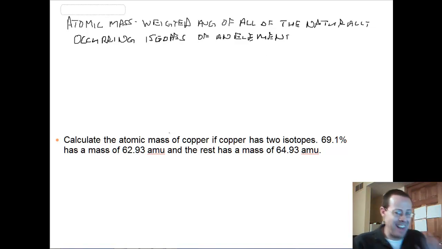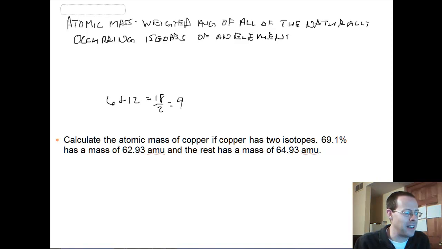So if we were just taking an average, if I want to know the average of 6 and 12, what do we do? We would add them together and divide by 2. So 6 plus 12 equals 18. We divide that by 2 and we get 9. What are we really doing when we're dividing this by 2? We're saying that it's equal parts 6 and equal parts 12.